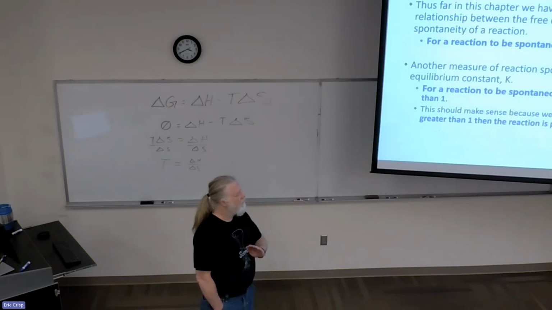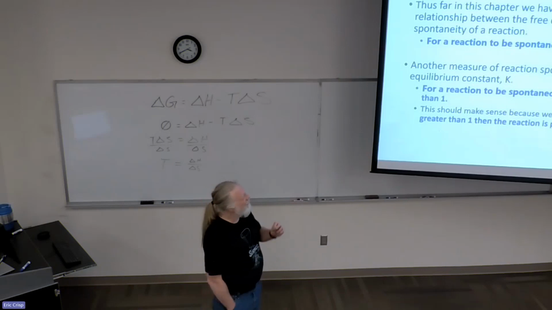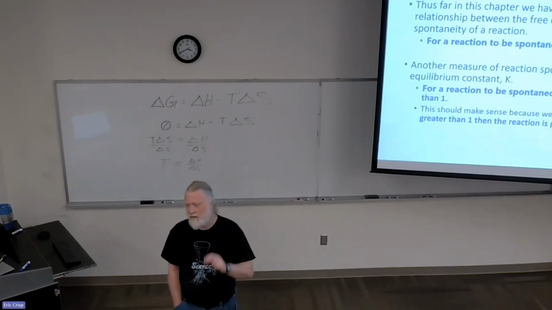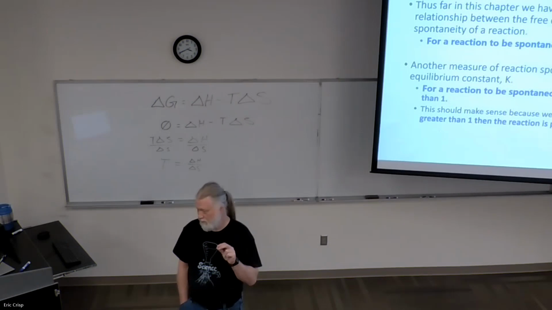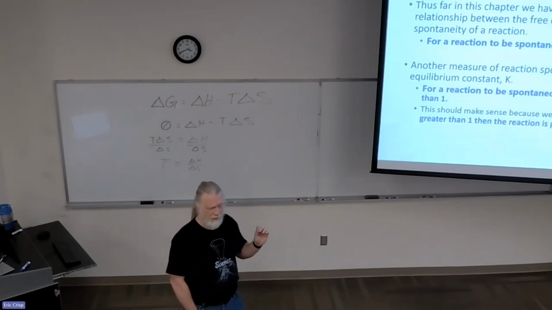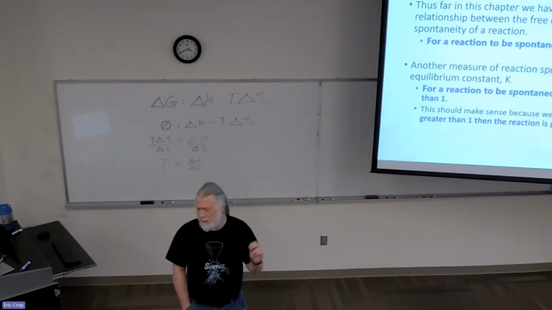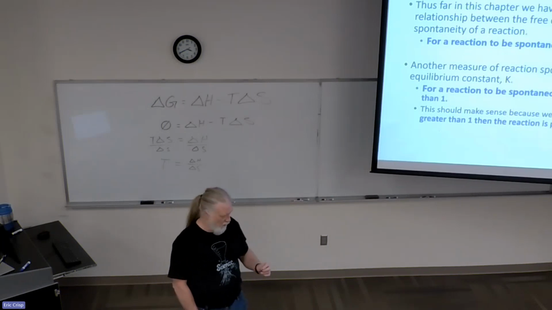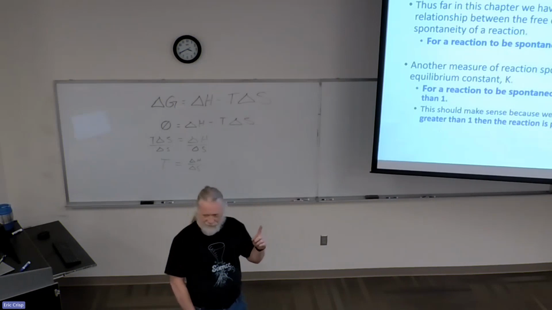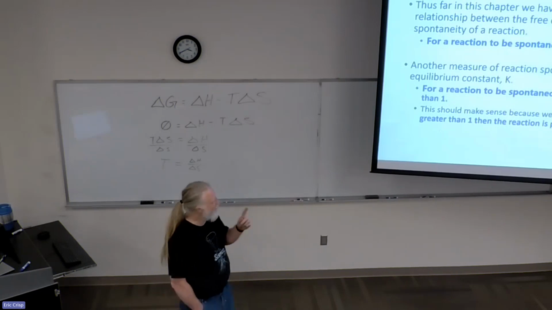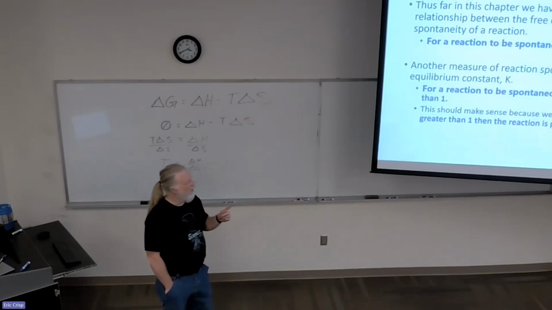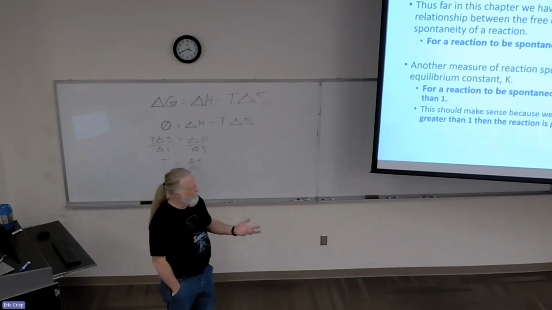Now, I am not saying delta G naught. That's probably not going to be zero, because you're going to get it from the table and it's going to have a value. But plus RT ln Q, that's the key, okay?